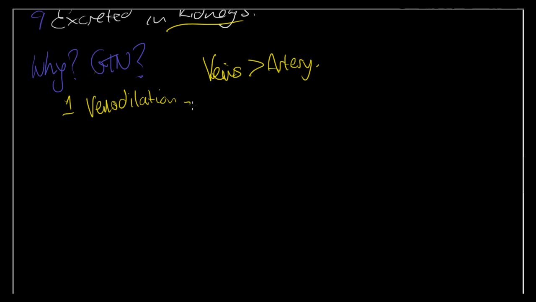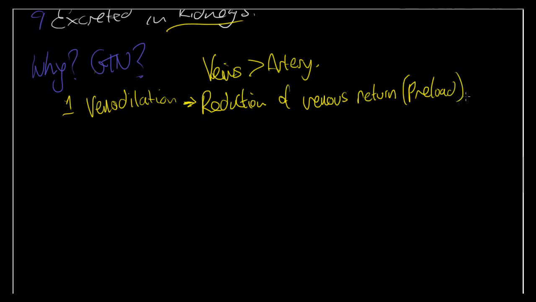Basically, this leads to a reduction of venous return. Now, what's a reduction in venous return? Dumbed down a little bit, it's basically preload. We're going to reduce our preload.